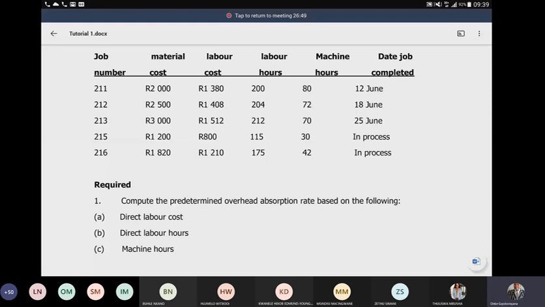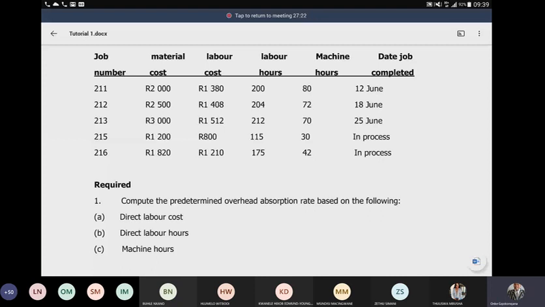Can you make use of that? Can you calculate your predetermined overhead absorption rate? That is why we call it predetermined, because we do this estimate before we start the production.